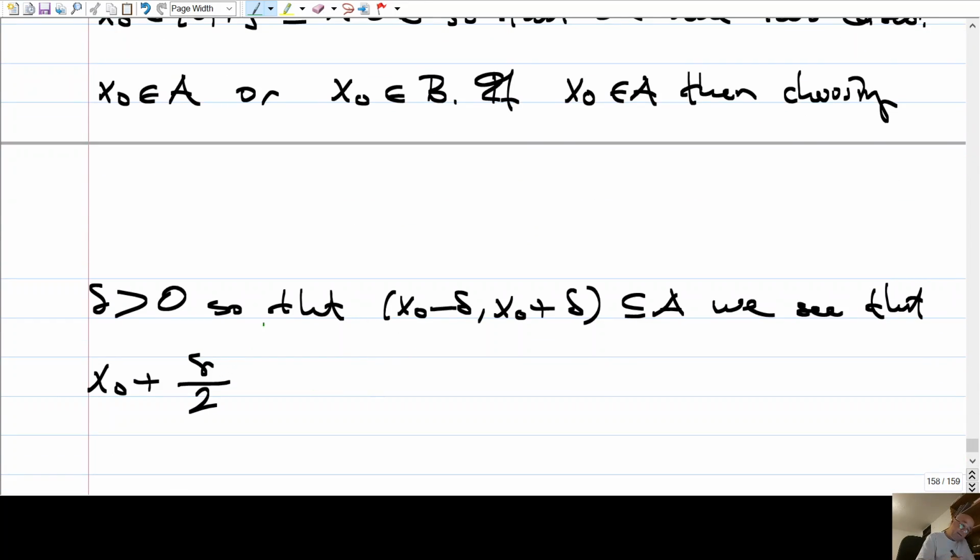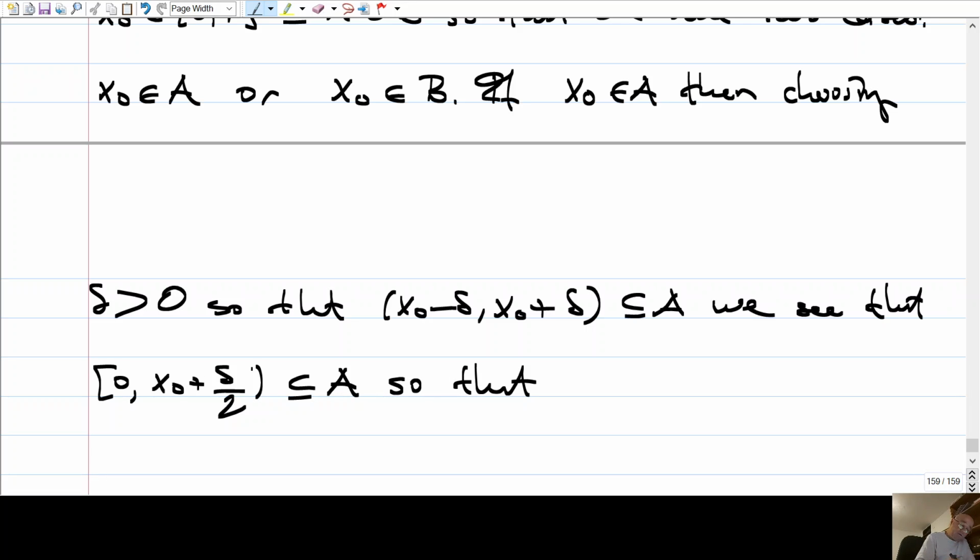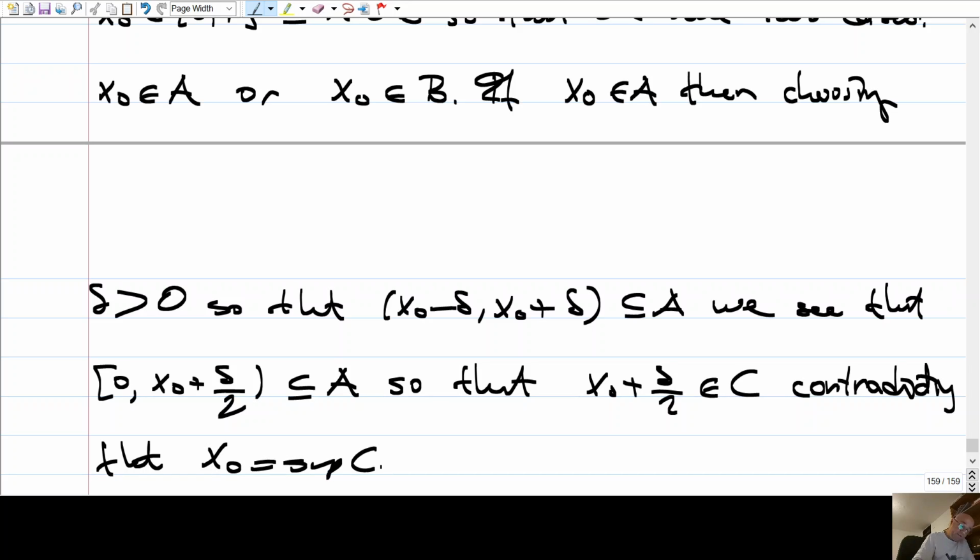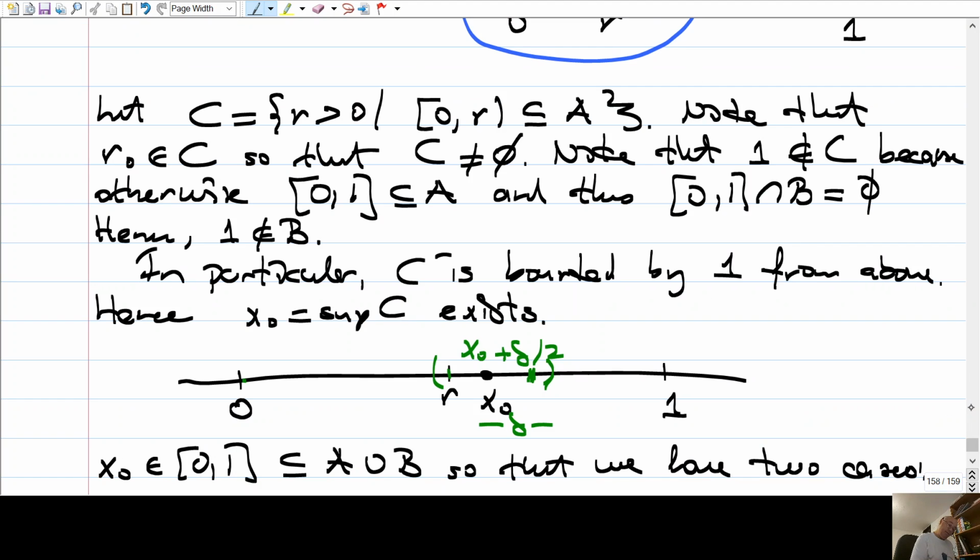So the interval [0, x0 plus delta over 2] is in A, so that x0 plus delta over 2 would be in C, contradicting that x0 is the supremum of C. I found a real number which is larger than x0, and that's also in C.